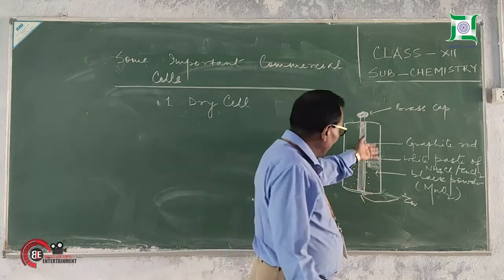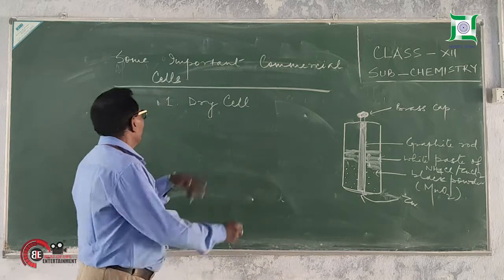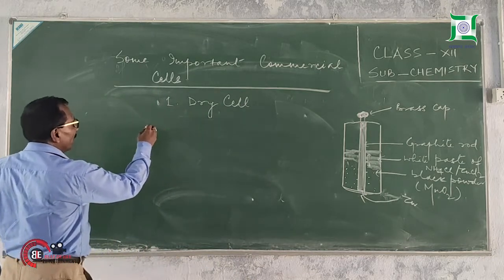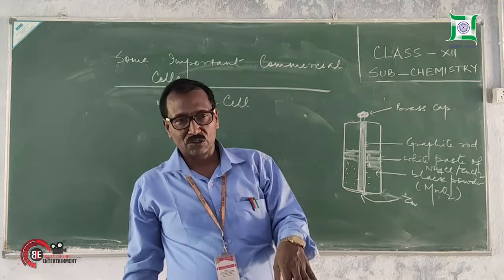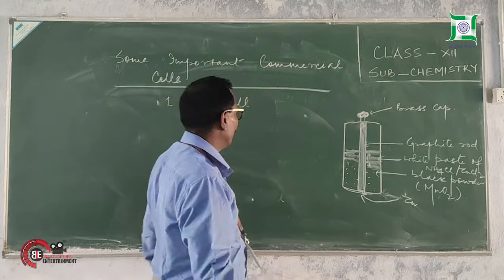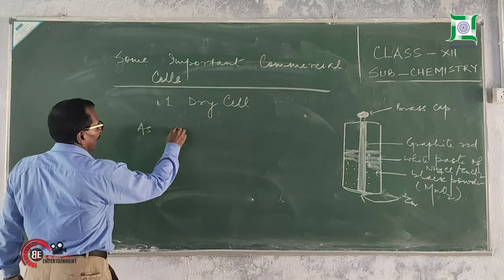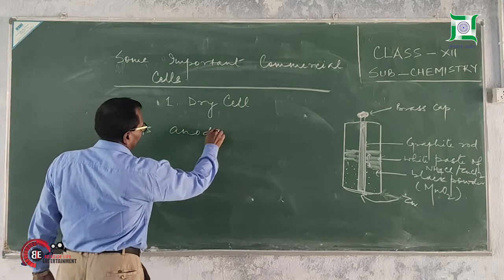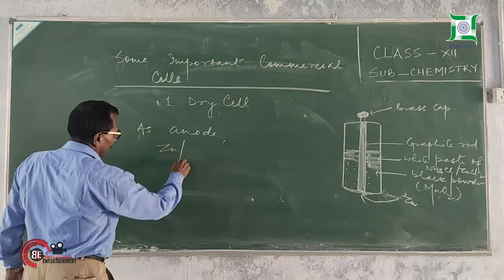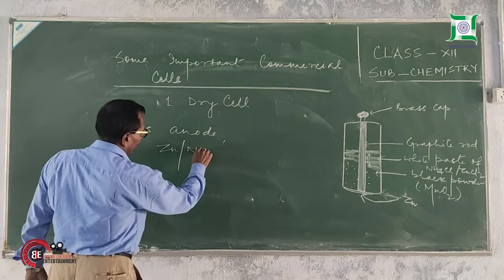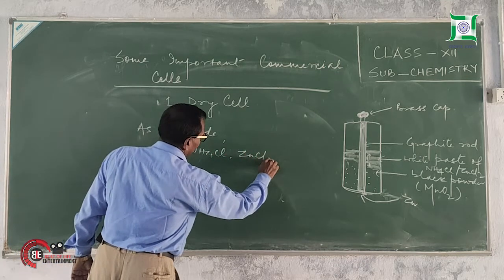Now we discuss various reactions taking place in the dry cell. This dry cell is a type of galvanic cell, and if it is a galvanic cell, then there will be an anode reaction, cathode reaction, and cell reaction. So first, as anode, we have Zn in contact with NH4Cl, ZnCl2.